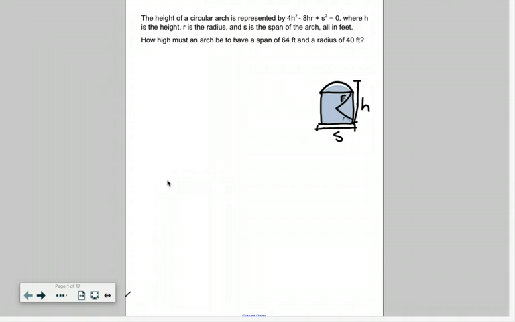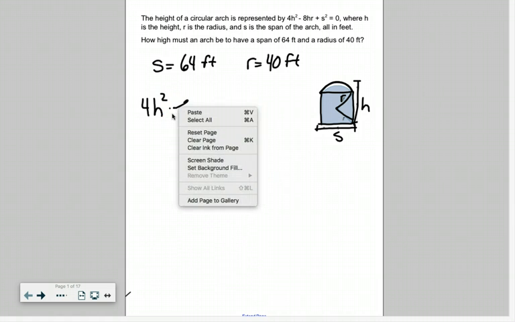Now it's asking us how high must an arch be in order for its span to be 64 feet and its radius to be 40 feet. So we can use those values with our equation and substitute them in the correct spot, right? So we have been given that the span, so s, is equal to 64 feet. We've also been given that the radius r is equal to 40 feet. So we can plug those values into our equation for h, still unknown.